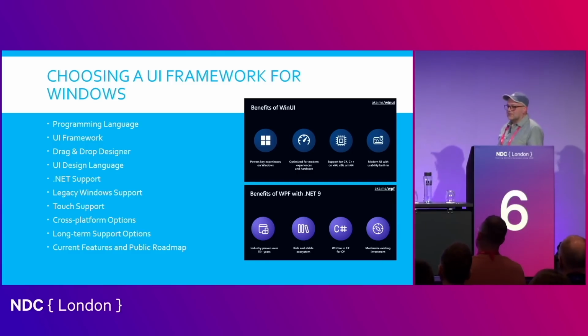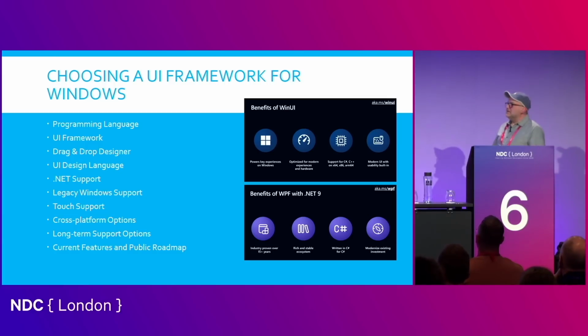It's optimized for current hardware today, with support for C# and C++, and it's got modern-looking UI, usability and accessibility, all built into it. And WPF with .NET 9 has been around a long time. It's proven. It's written in C# just like the rest of .NET, and it has a rich and stable ecosystem. Like I said, a lot of third-party control vendors, those theme vendors. You can get all that stuff pulled into your project.